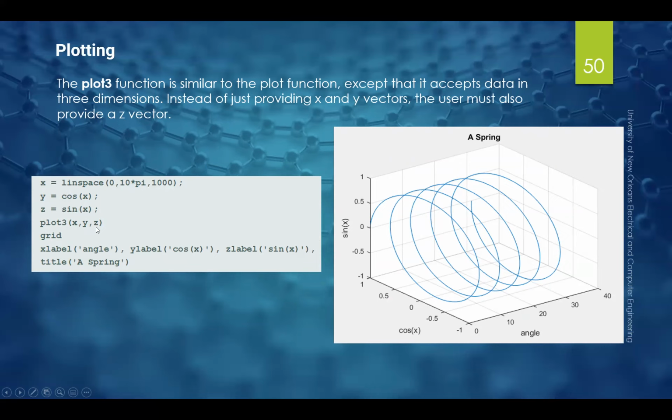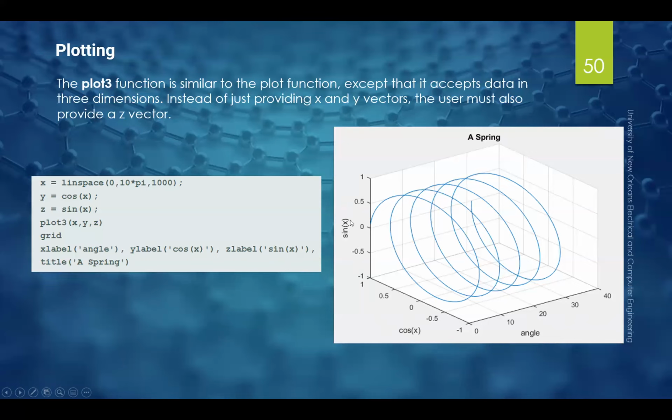So I use the plot3 command with x, y, and z as the arguments, and I'm putting a grid here so you can see more detail. I'm labeling the x label, the angle axis, the y label, the cosine axis, and the z label, the sine axis.